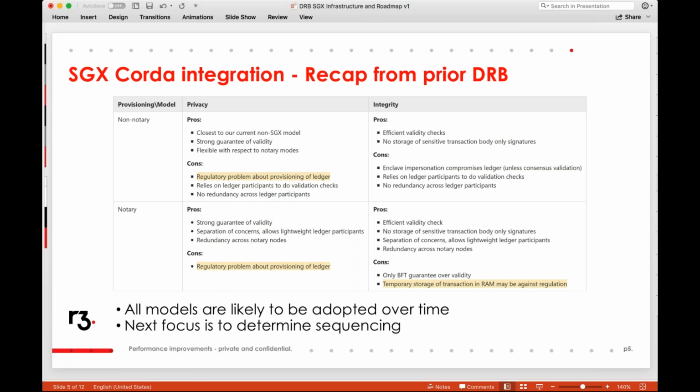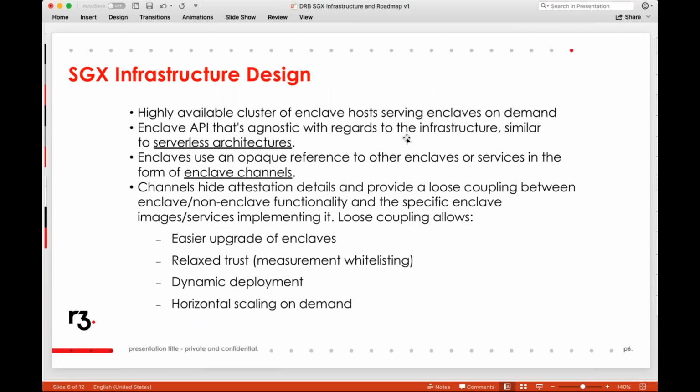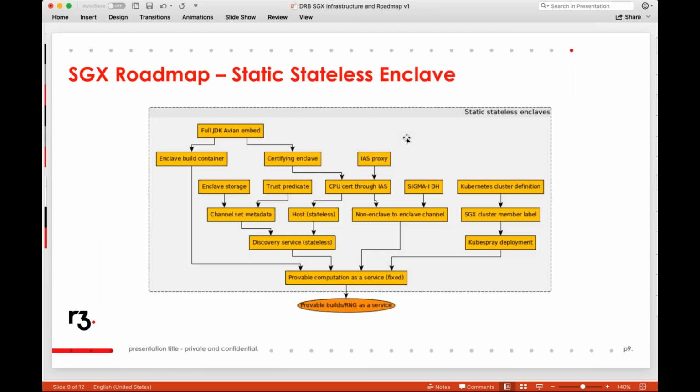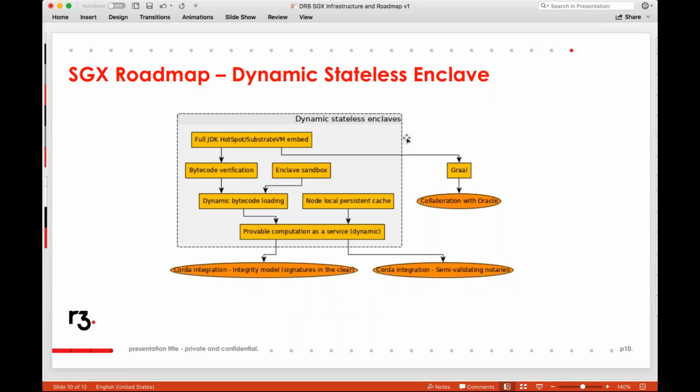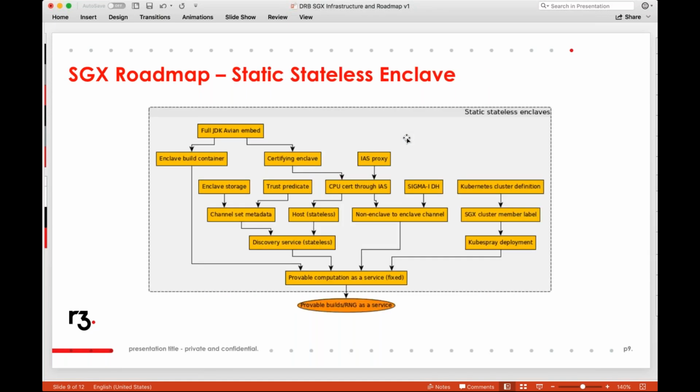I have a question though. Do you have a decision for the design board? The big question I want to answer is the high-level roadmap of where we start integrating with Corda.